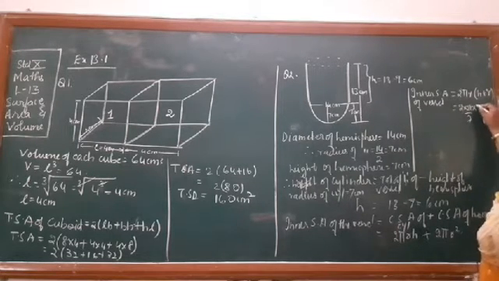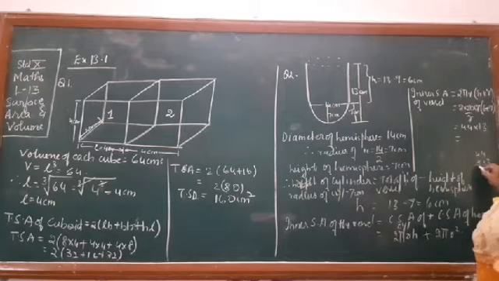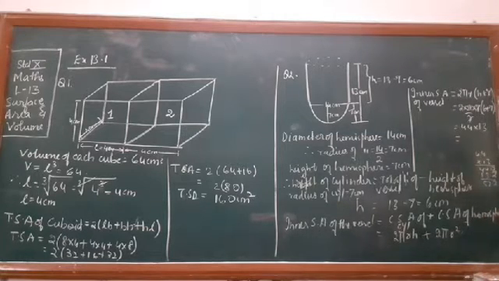So it will be 7 into h. H I get it as 6 and radius is 7. Therefore 7 7 cancel, 44 into 13. So 44 into 13 will be 572.